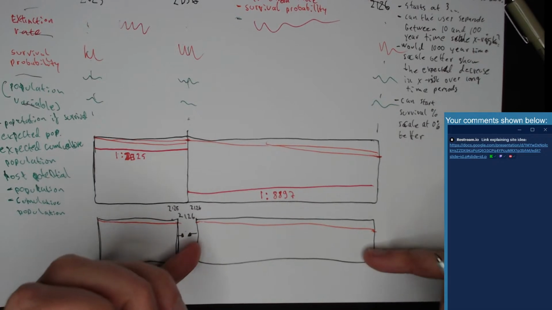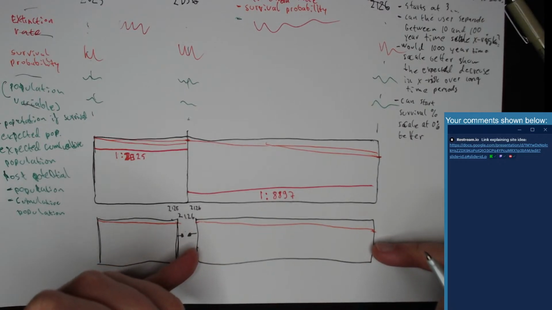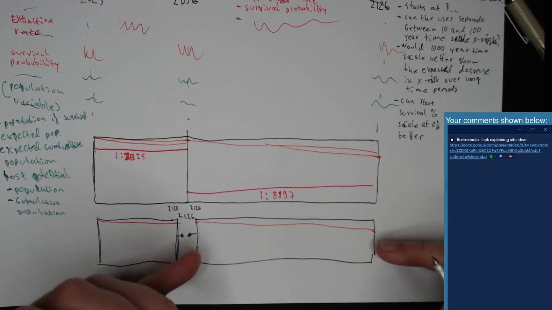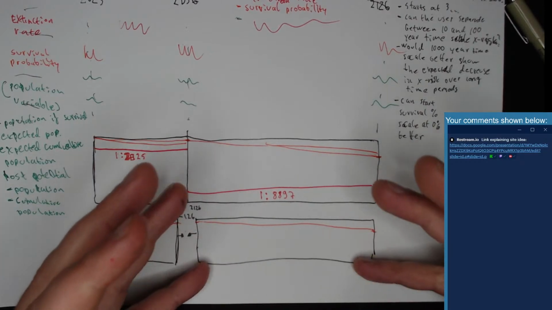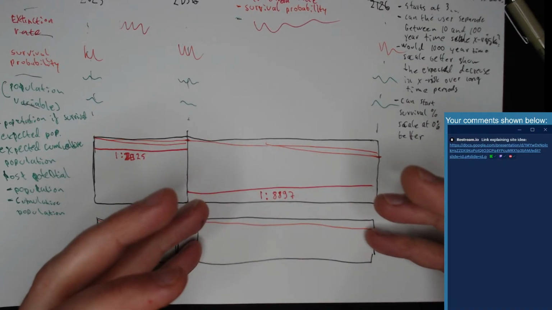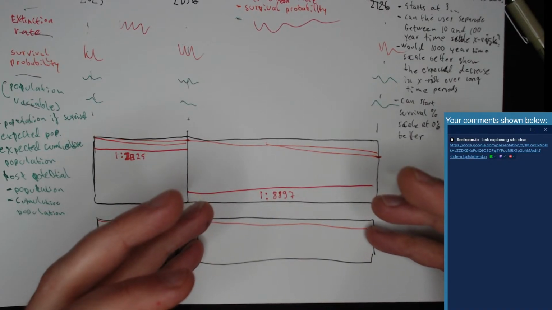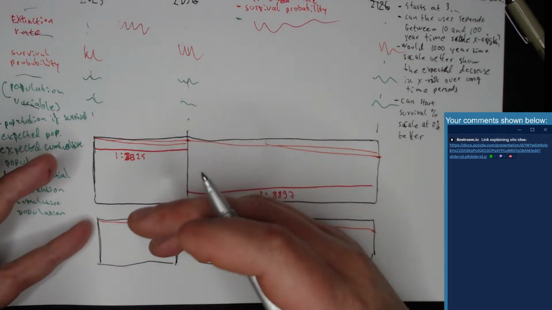I want them to be in linear time scale within their respective sections.